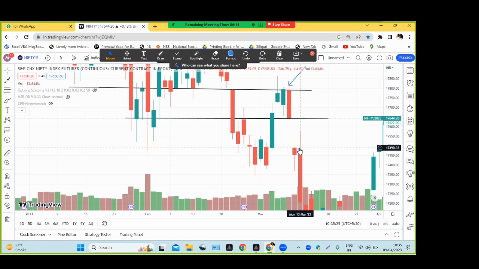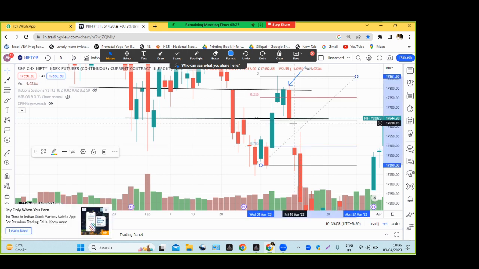Reason for that: in the past there is a rally. Number one, this candle is appearing on resistance level. There is an engulfing pattern with a very strong candle. These kinds of things are enough to take the trade.